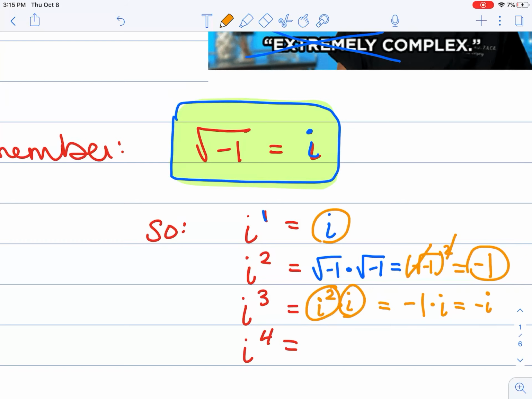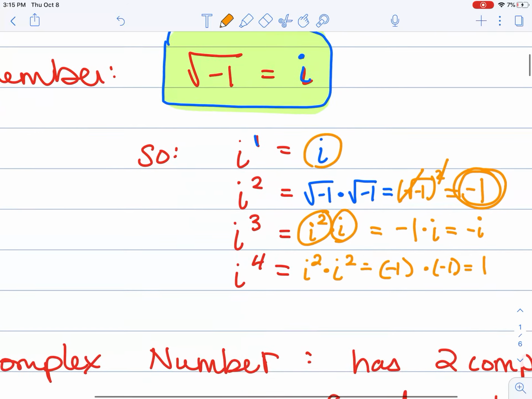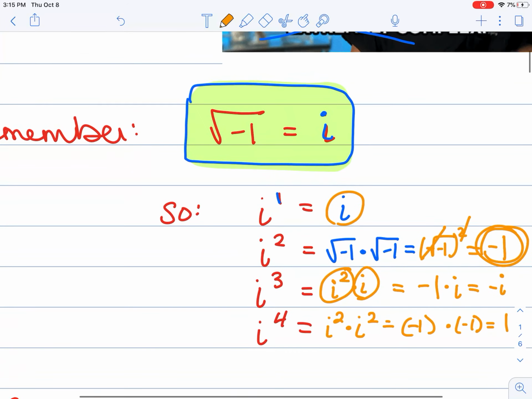And lastly, if I've got i to the 4th, I can write that as i squared times i squared, right? Well, i squared is that -1 from before, so we say -1 times another i squared, which is -1 again. Well, isn't -1 times -1 +1? So just keep in mind here that i squared equals -1, i cubed equals -i, and i to the 4th equals 1.